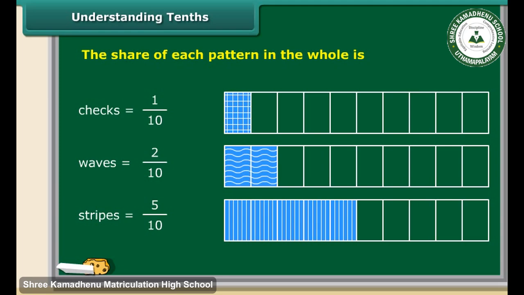Such fractions are called tenths. Thus, while one part is 1/10, 2 parts show 2/10, and 5 parts represent 5/10. 1/10 can be written as 0.1 in decimal notation, 2/10 as 0.2, and 5/10 as 0.5.